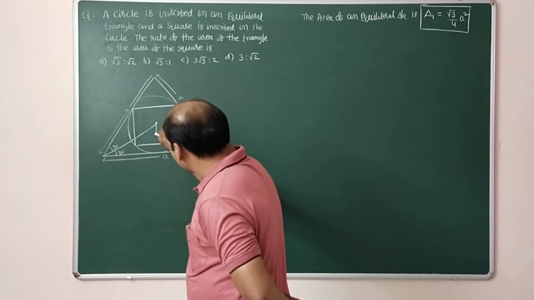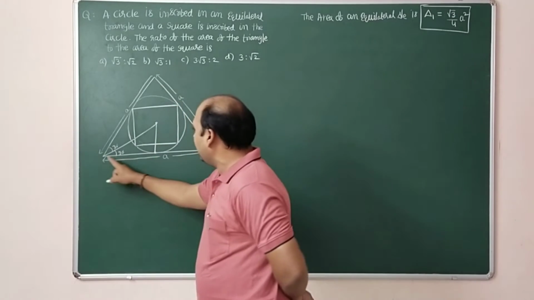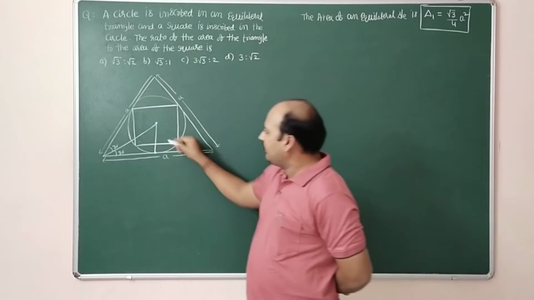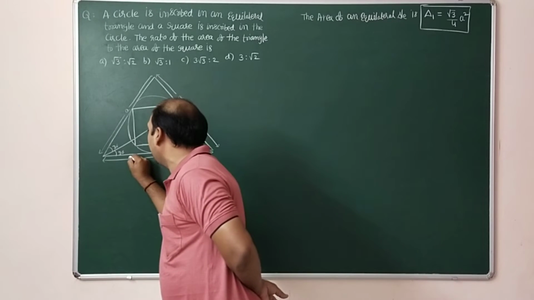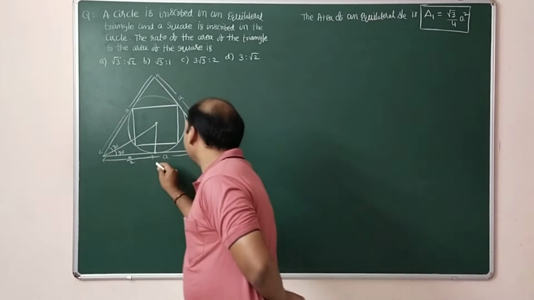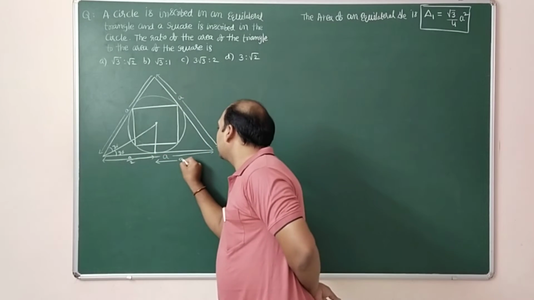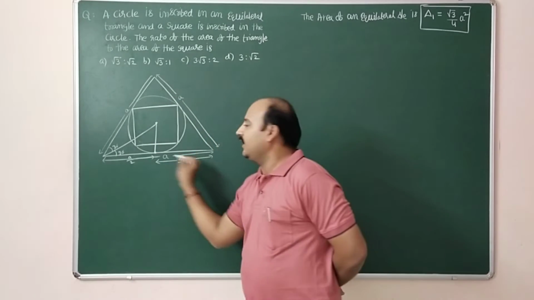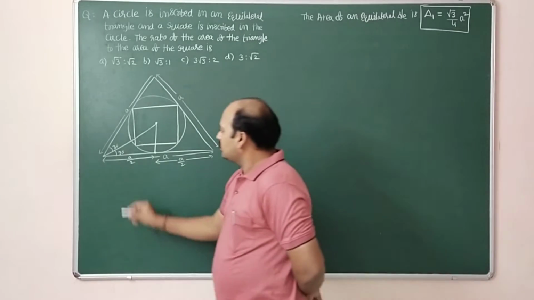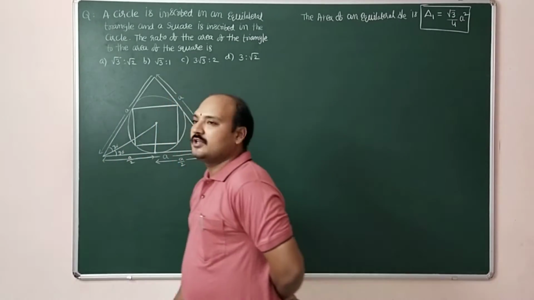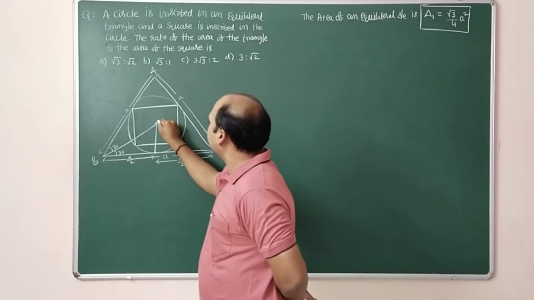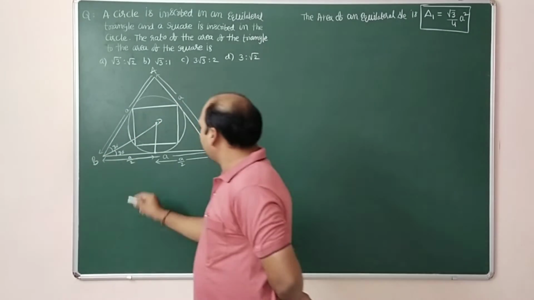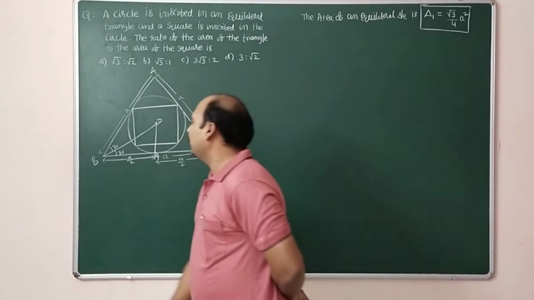And draw one perpendicular. From here to here it is total A units. Whenever the line is bisecting, from here to here is A by 2 units. Again from here to here is also A by 2. Total is A. So for this triangle I will give the names A, B, C. This center is D I am assuming. And here some M you can take.